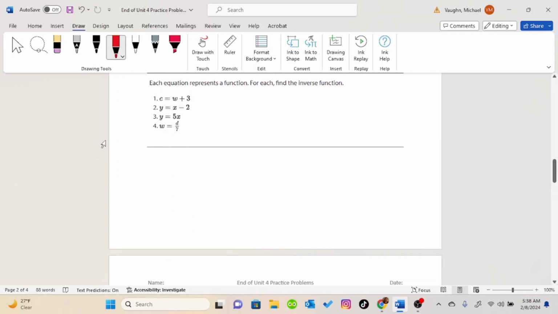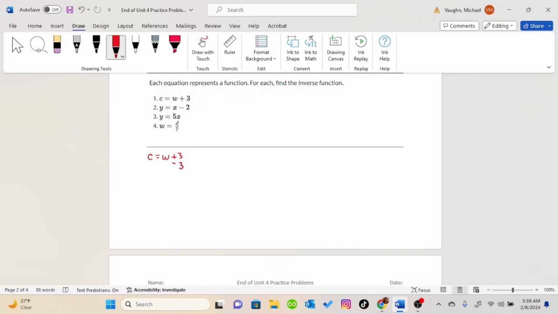Each equation represents a function. For each, find the inverse function. So for number 1, if I have c equals w plus 3, the inverse function will be w equals. So I need to get rid of this 3.